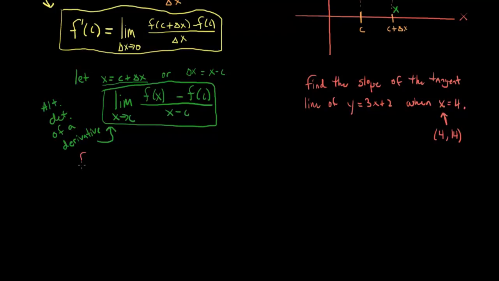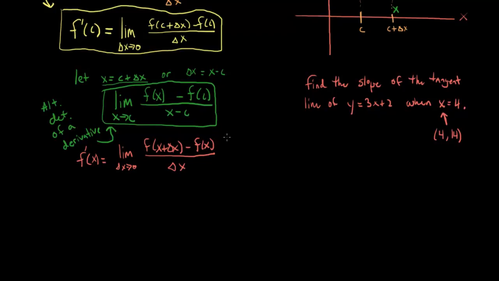Let's say f prime of x equals the limit as delta x approaches 0 of f of x plus delta x minus f of x, over delta x.